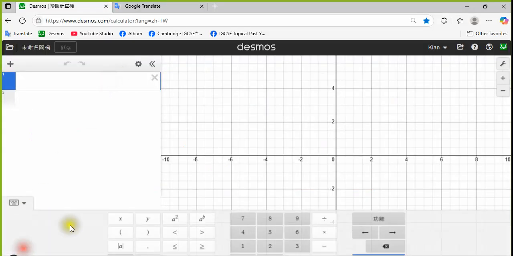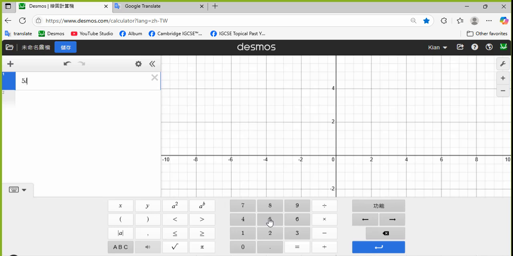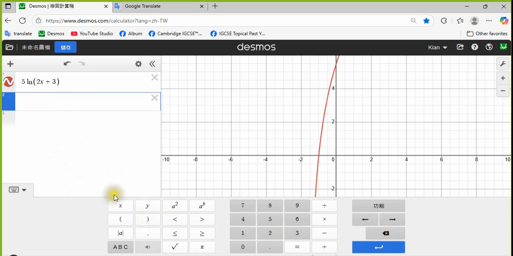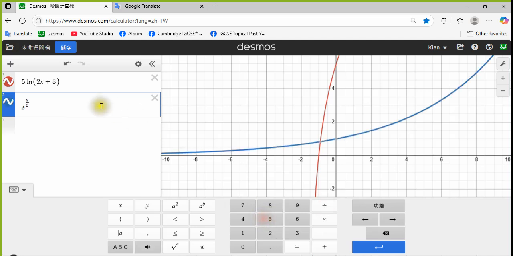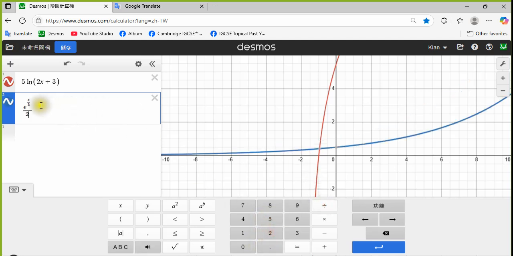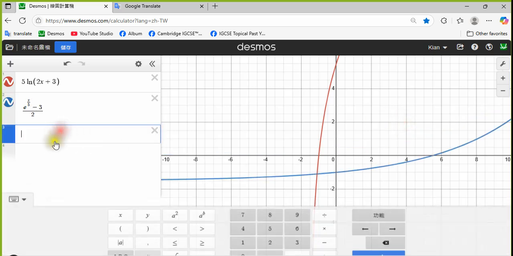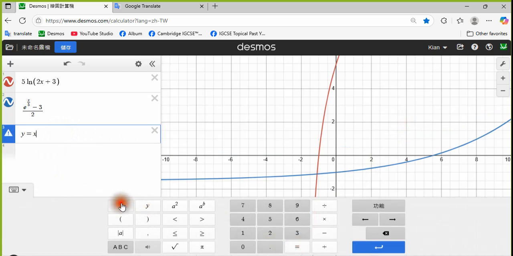So if we check the answer using Desmos, we have 5 ln(2x + 3), and then we have (e^(x/5) - 3) divided by 2, and then y = x here.